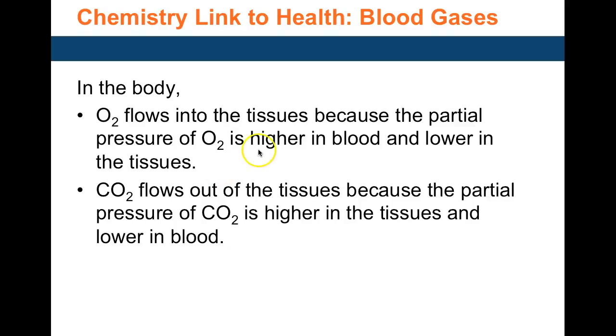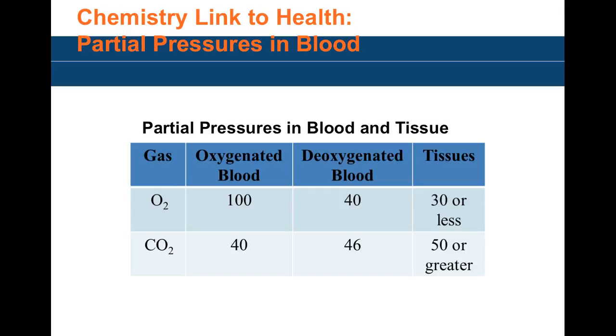Okay, so oxygen flows into the tissues and the cells because the partial pressure of oxygen is much higher in the oxygenated blood. Carbon dioxide is flowing out because the carbon dioxide partial pressure is much higher in the tissues and cells compared to the blood. So you can see the different values here.